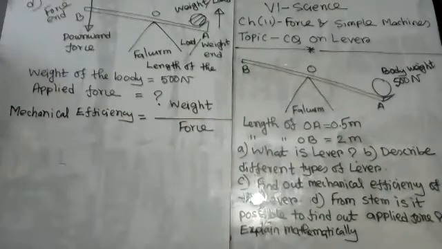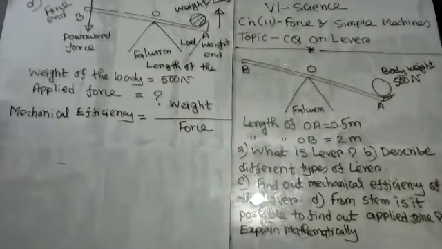Now, from this I'm going to find out the applied force on the body. So how can I find out the applied force? By solving this equation, boys and girls, I'm going to find out the applied force here.